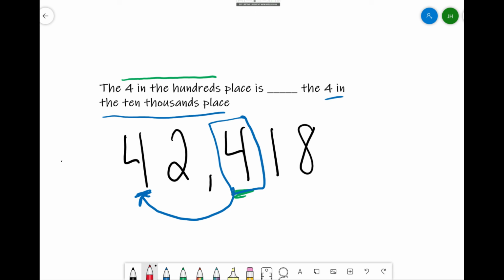Okay, so the 4 that I circled in blue is to the right of the 4 it's being compared to by 2 place values, and because it's to the right of it, it is 1/100th of the amount of the 4 in the 10,000s place.